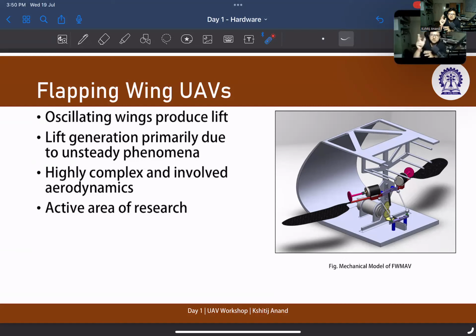Similarly, for the rotor blades, although they are moving with time, the flow field around the blades is roughly similar most of the time. So it can be very well approximated as a steady phenomenon. However, here very complex 3D motions are going on, and the unsteady phenomenon is highly predominant.